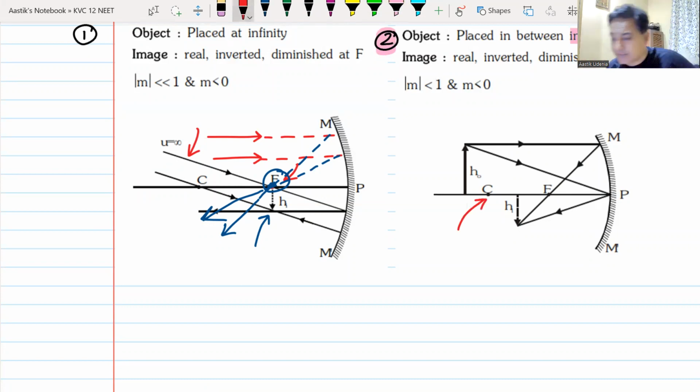The object is beyond C, and as you can see, the image is formed between C and F. You can see that this image is smaller than the object. It is real and it is inverted. Do we all see this? Yes or no? Yes, sir.